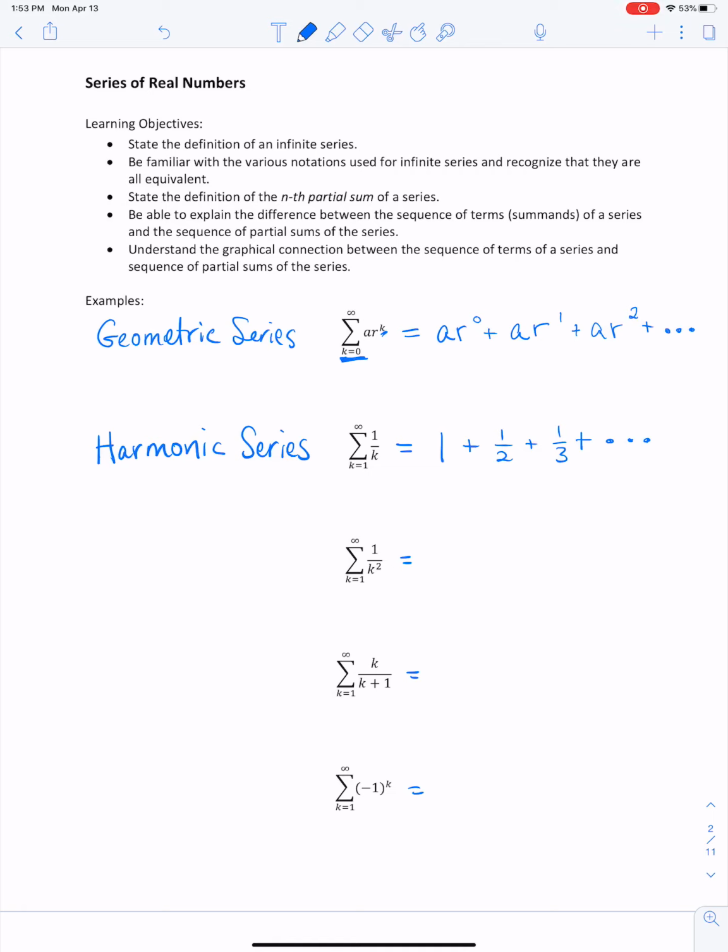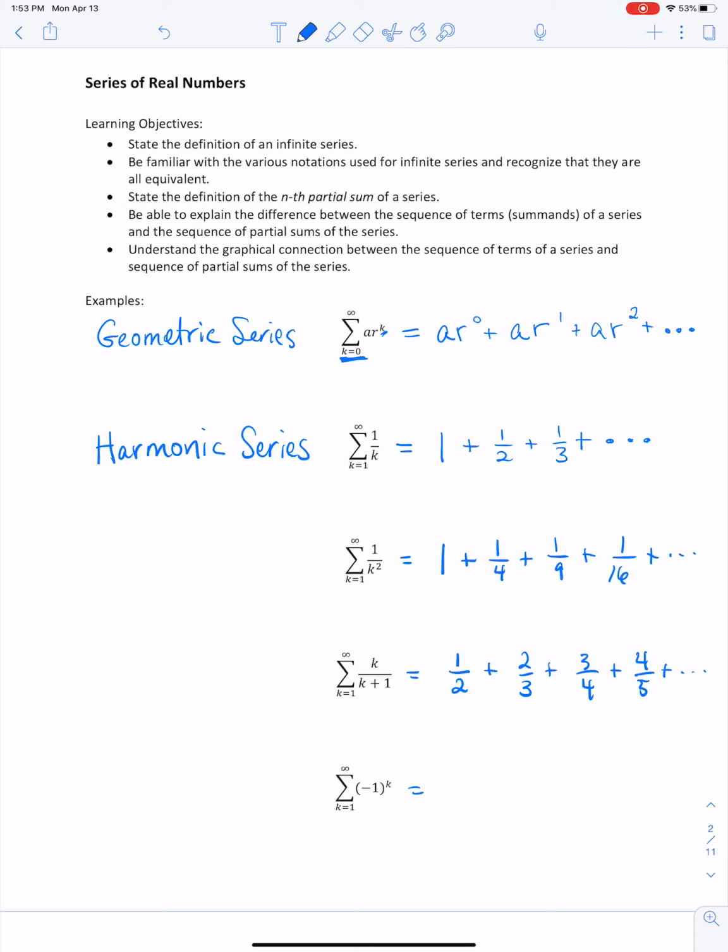Okay, and so I'm just going to go ahead and write this down here. 1 plus 1/4 plus 1/9 plus 1/16 plus ... Okay, and this next one we have 1/2 plus 2/3 plus 3/4 plus 4/5.